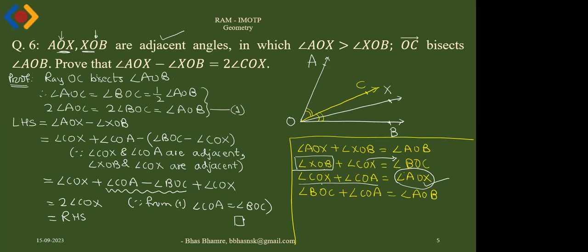This is a simple task dealing with the definition of adjacent angles and the angle addition axiom. Because of that, we have such results in question 5 and question 6. So I think we can go ahead.